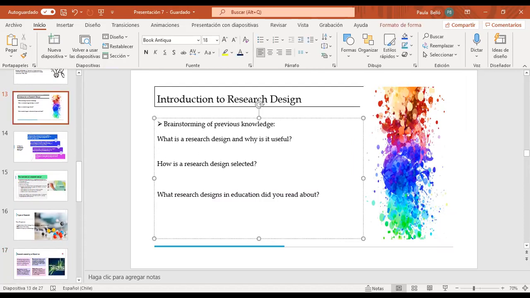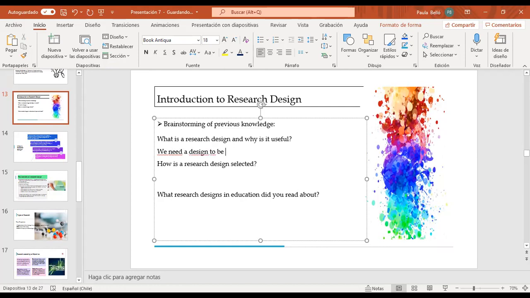So what is research design and why is it useful? ¿Por qué tenemos un diseño? And why is it useful? The same in Spanish. You can think in Spanish and look for words in English. Why do we need a design? For to be organized in the presentation, I don't know, for a design, yes, to carry out.